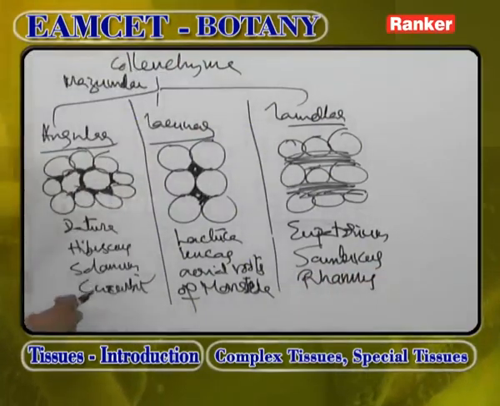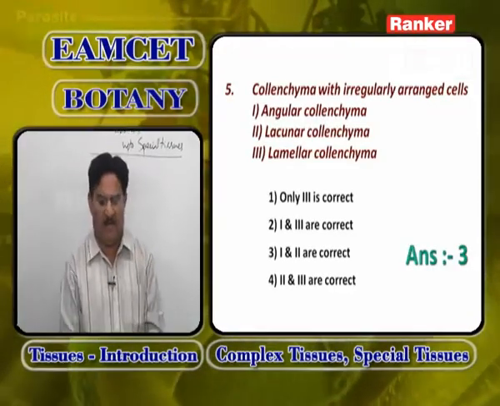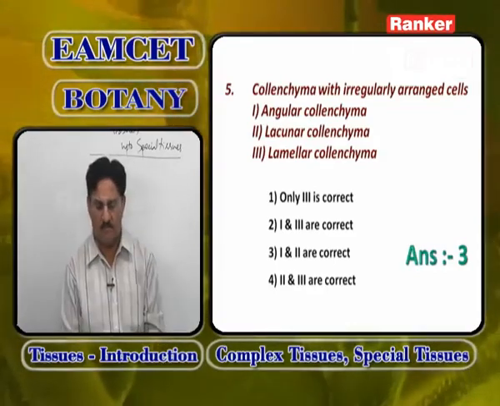So the question here is the collenchyma that shows irregularly arranged cells. Irregularly arranged cells means only two: one is angular collenchyma, the other is lamellar collenchyma. Angular and lamellar collenchyma have irregularly arranged cells. 1 and 3 is correct. Not 3, it is 2.